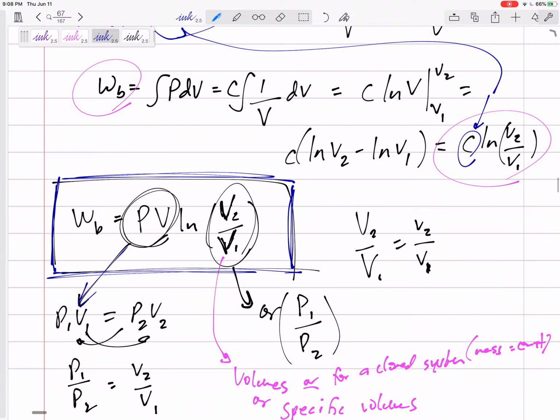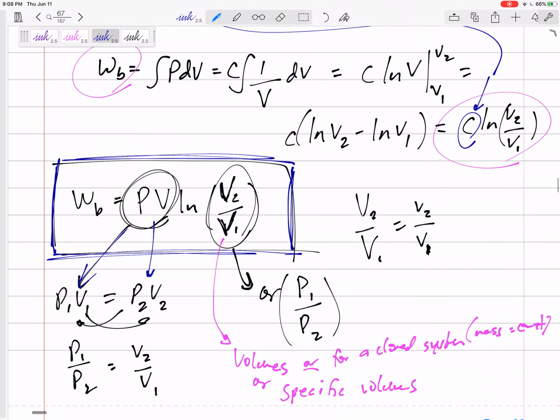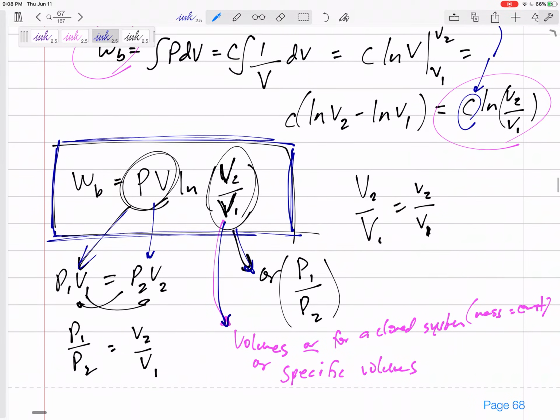And here you can use P1 V1 or P2 V2, and V2 over V1 in capitals or lowercase, or P1 over P2. Whew. But that equation would give you the boundary work in that process, and we might calculate it to use in our energy equation later on.